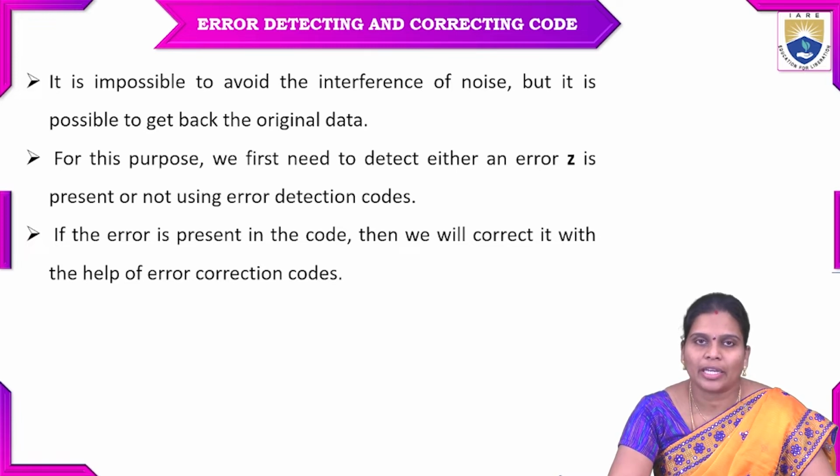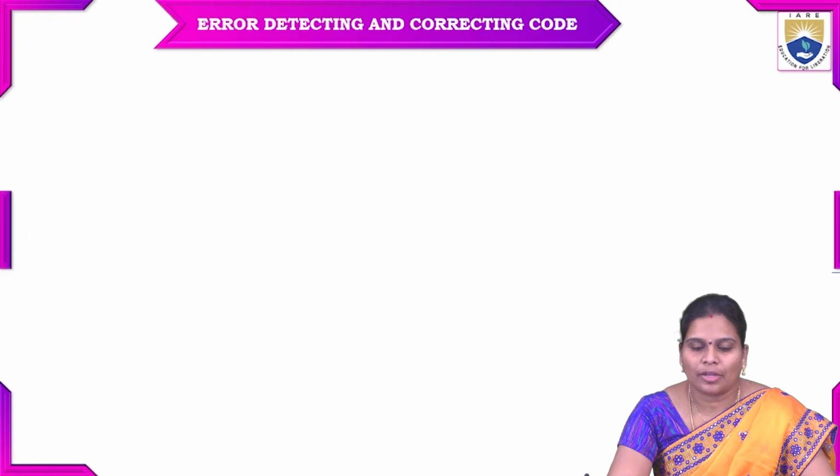In the error detecting code, whatever data is transmitted from the transmitter to the receiver, the error will be detected. So these are the error detecting and correcting codes.